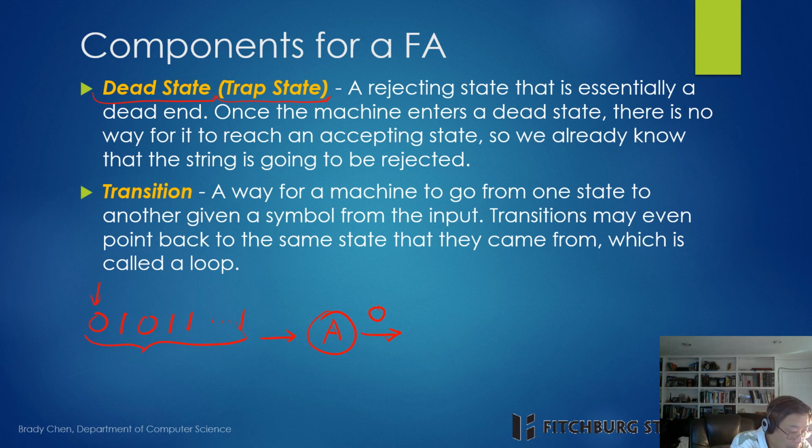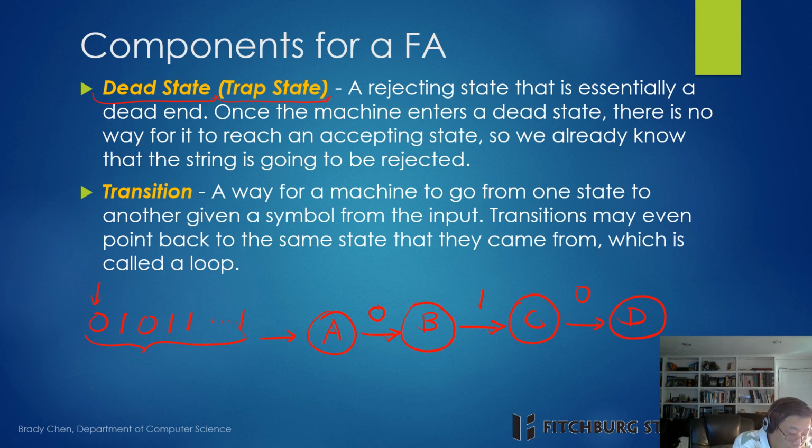Based on the rule, we move to another state B. The next input is 1, and based on the rule, we move to another state C. The next one is 0, then we move to D.